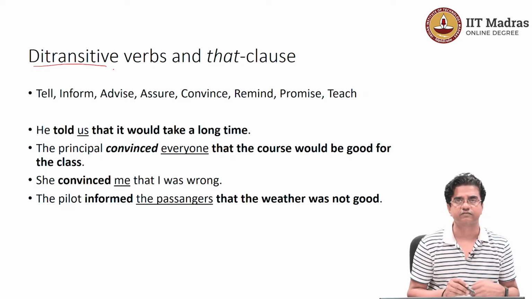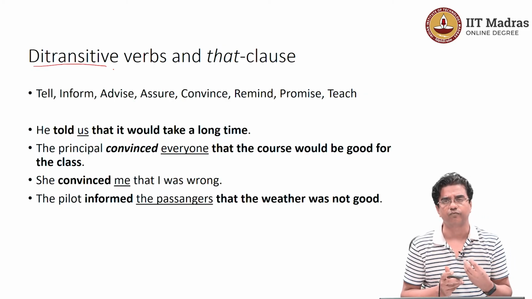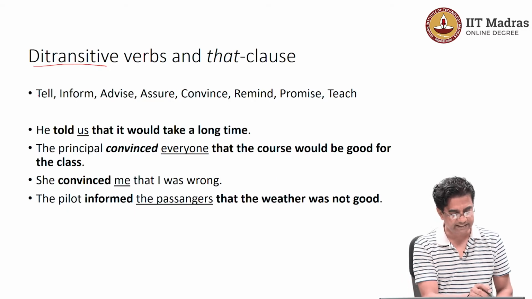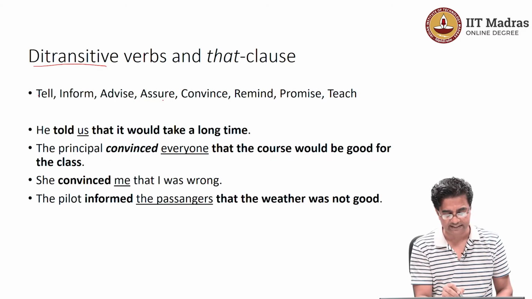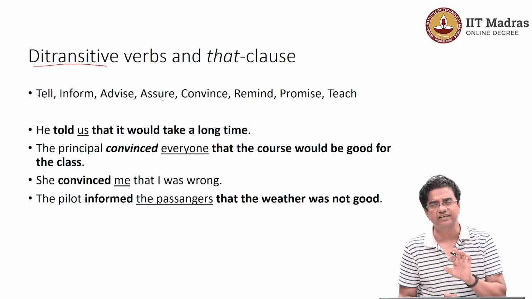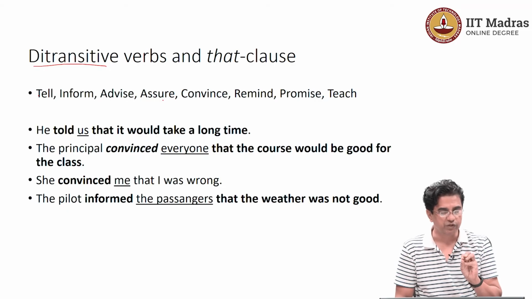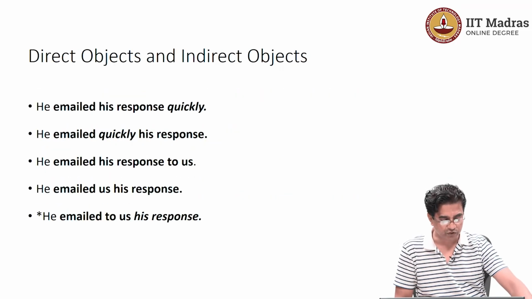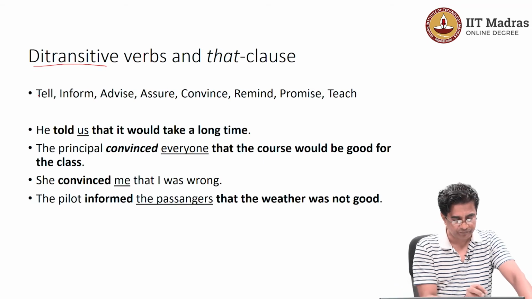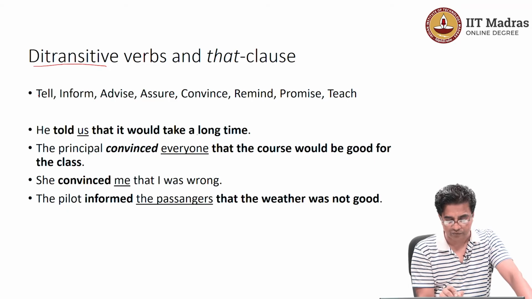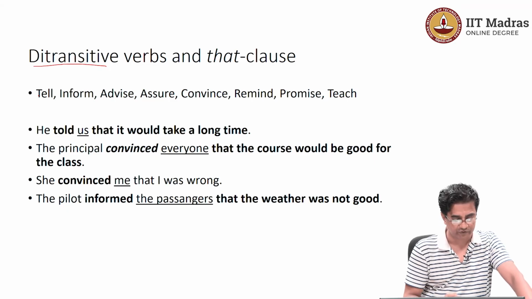Some verbs, and you know there is a handful of verbs in English, I'm just giving you some: tell, inform, advise, assure, convince, remind, promise, teach. These are just a few verbs which take two objects. So look at this. He told us that it would take a long time.